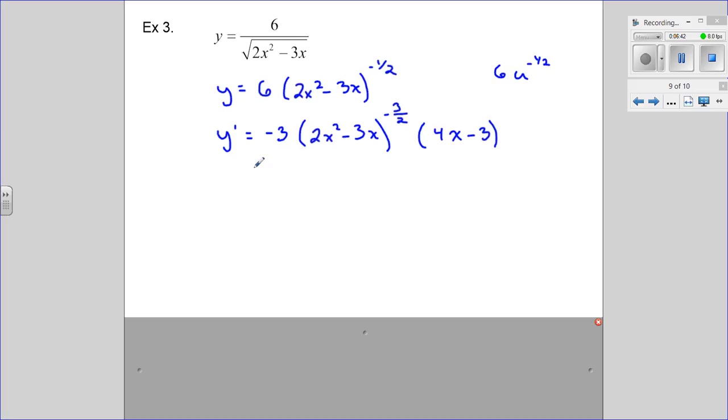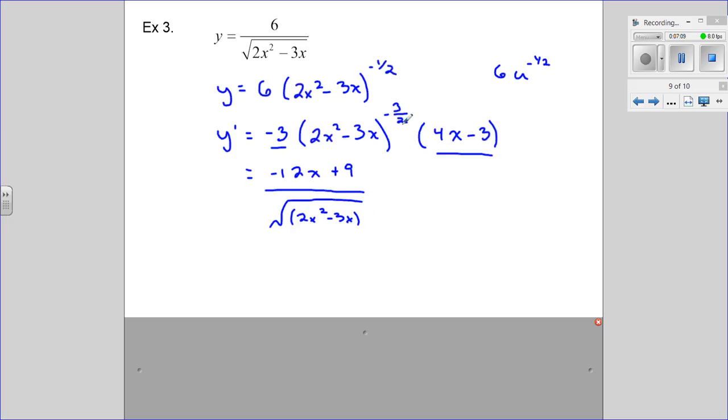We never want to leave negative indices, so let's at least try to clean this up. The negative 3 and the 4x minus 3 will stay in the numerator. So I'm going to wind up expanding that to be negative 12x and then positive 9. And my denominator will be the square root of 2x squared minus 3x raised to the 3rd power.